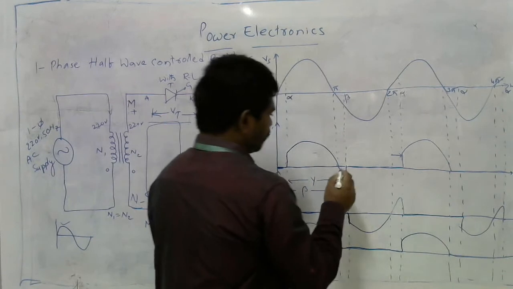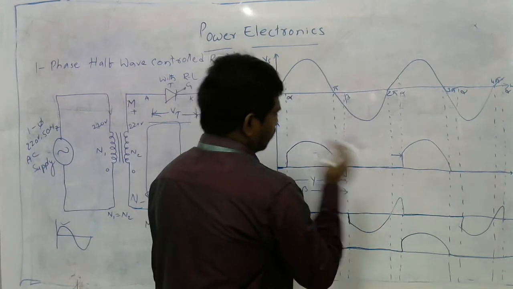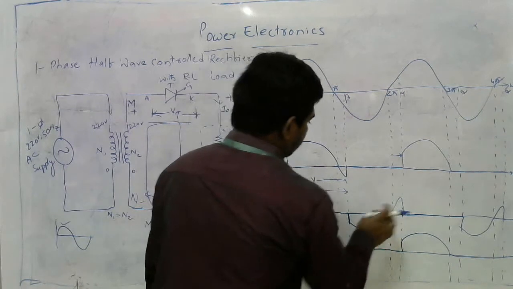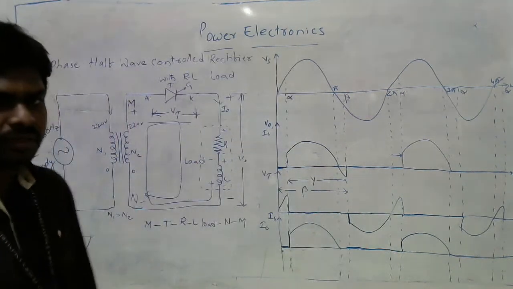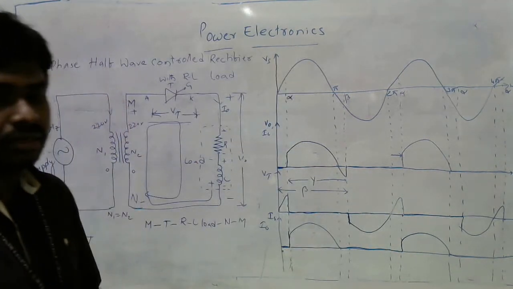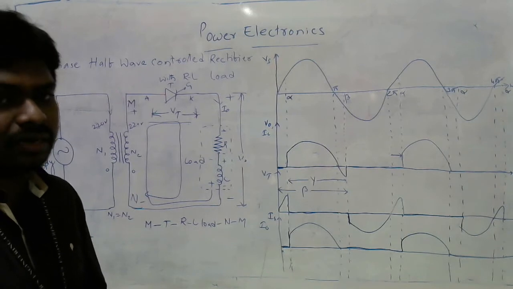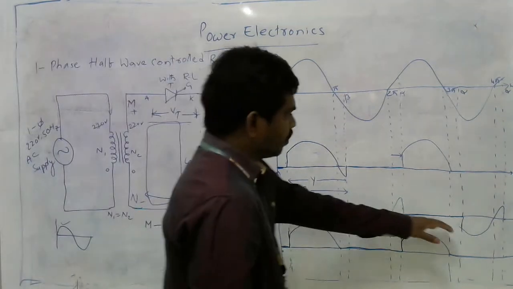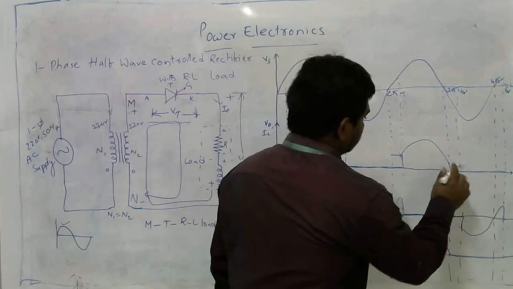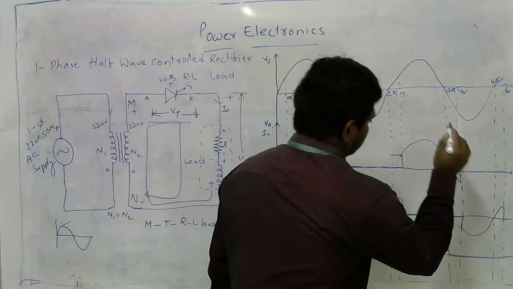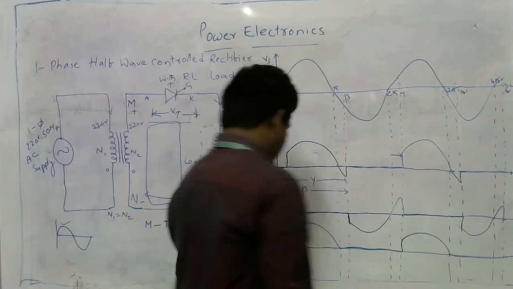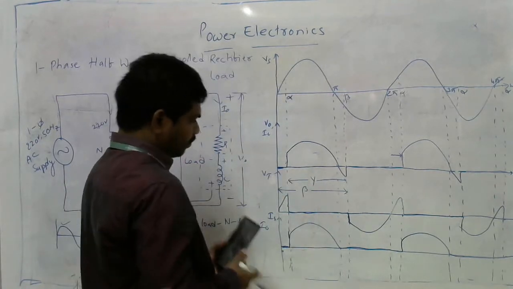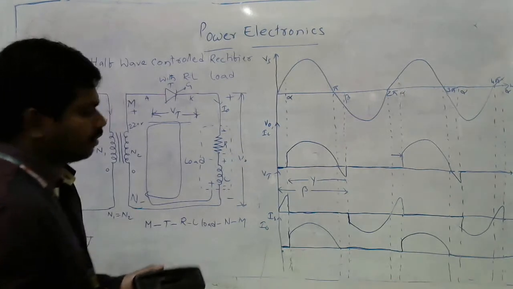For the negative half cycle, there is no conduction of the thyristor. After that, the inductor discharges its current, and this goes on again. Then the same thing happens for the second cycle.